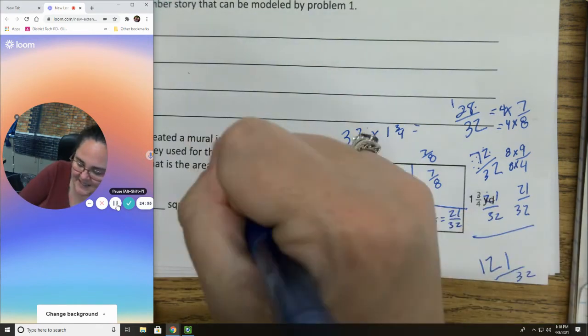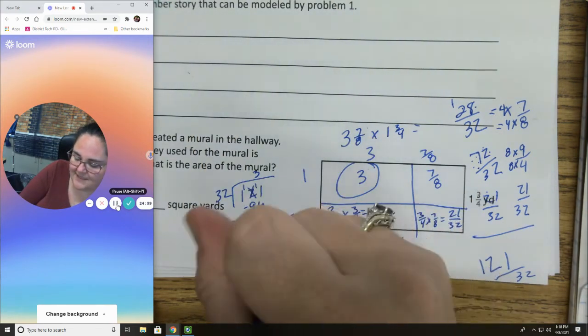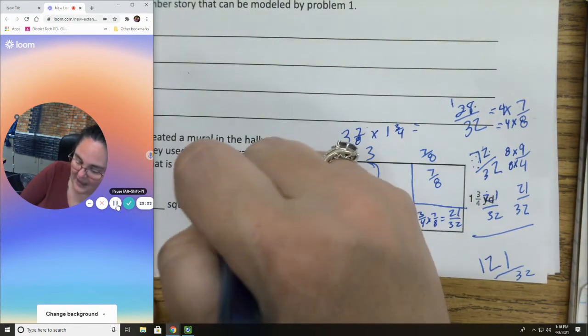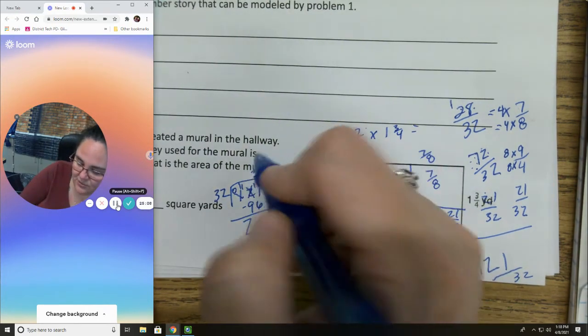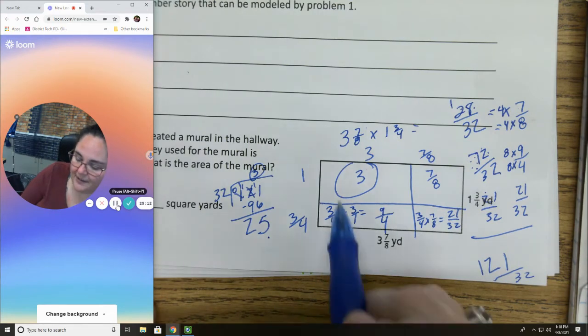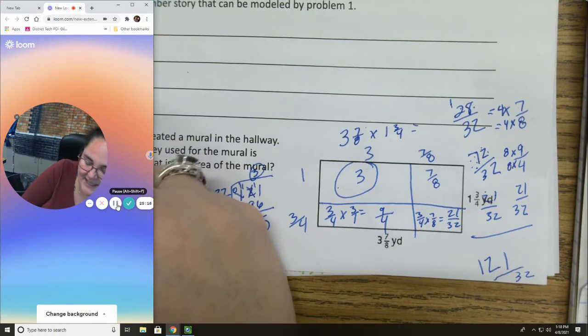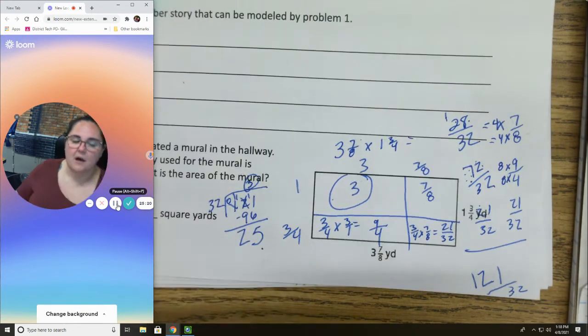Okay, 1 minus 6 I can't do. 11 minus 6 is 5. 1 minus 9 I can't do. 11 minus 9 is 2. So my answer is 3 and 25/32 plus 3 equals 6 and 25/32. Whew.